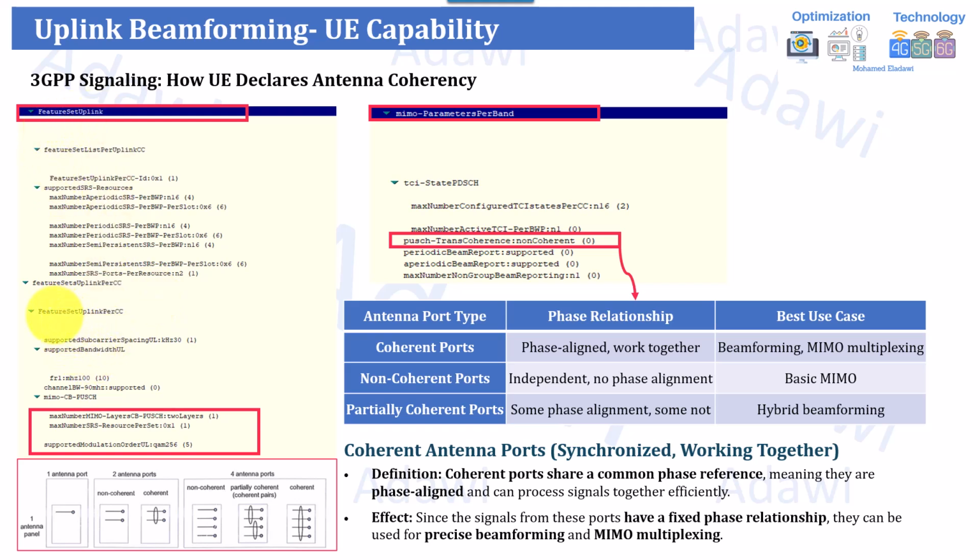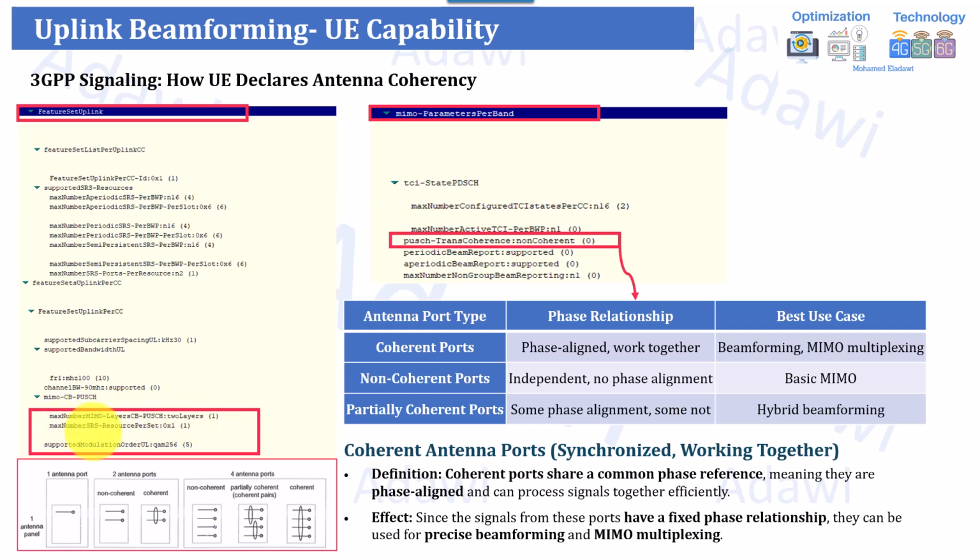After the feature set uplink per CC, you will have multiple configurations related to the MIMO codebook PUSCH. Here this is codebook; you can also find the same information for non-codebook. Under the codebook PUSCH, the first item is the maximum number of MIMO layers for the codebook PUSCH, for example, 2 layers.